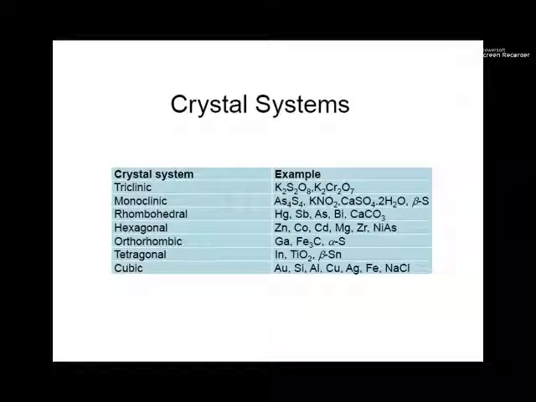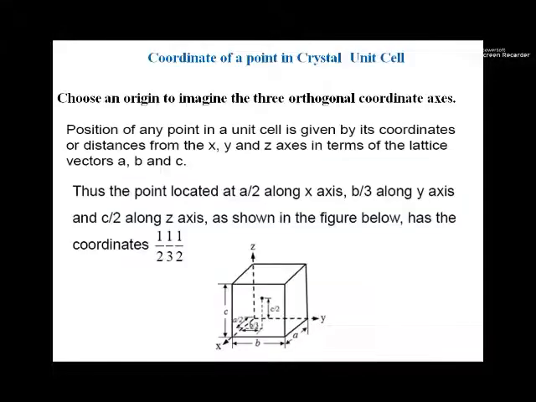Now these are some examples of different crystal systems, with compounds that basically crystallize in this kind of crystal system. Now the second portion after recapitulation: how could you find the coordinate of a point in the unit cell?